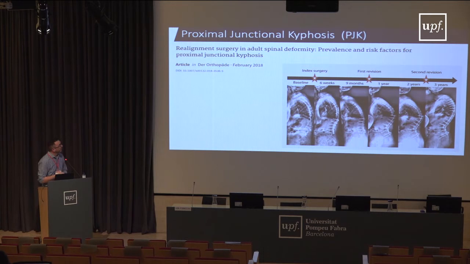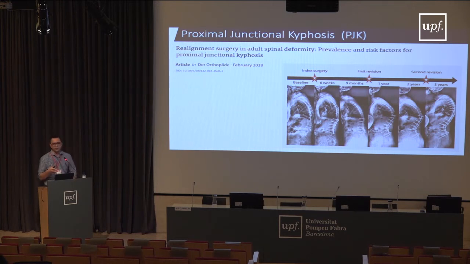And he's great. So, proximal junctional kyphosis appears when the patient had a previous fusion, especially a long one, and the segment above the stabilized spine has a fracture or a severe kyphosis because of degeneration and so on.